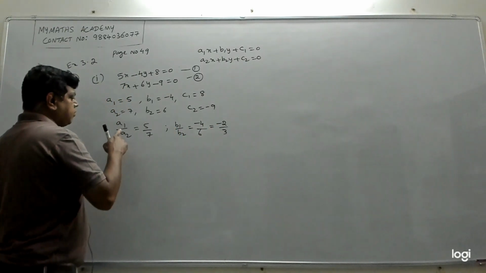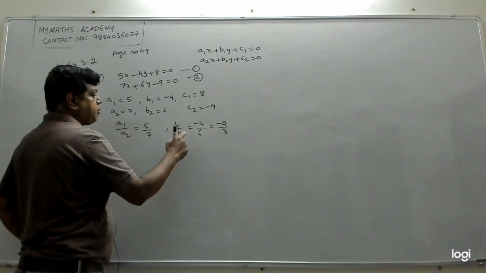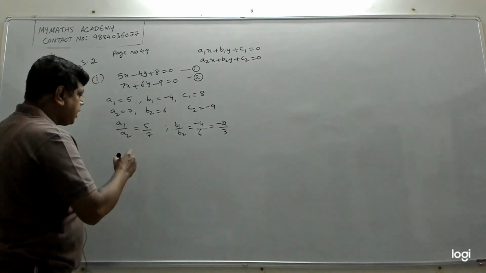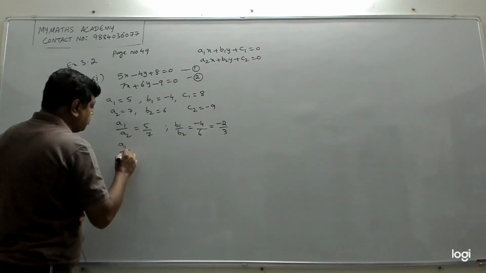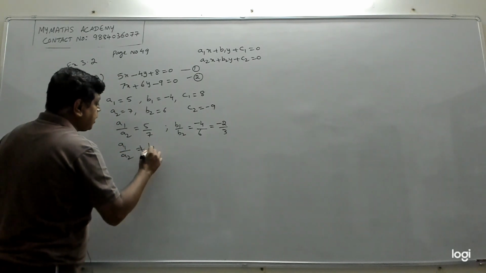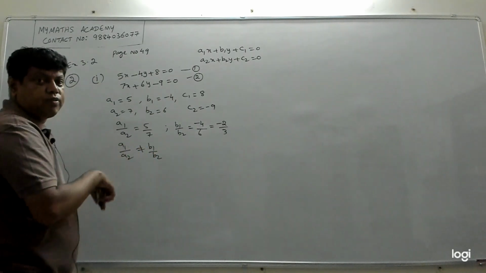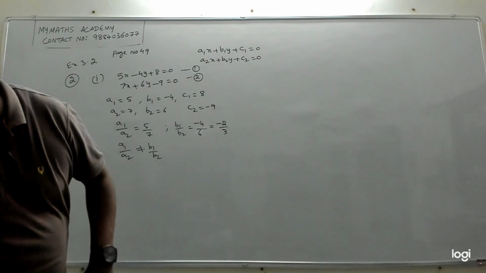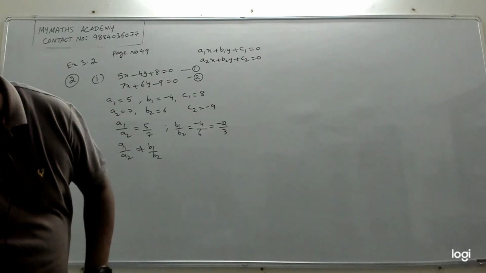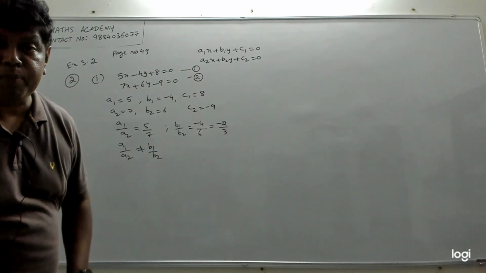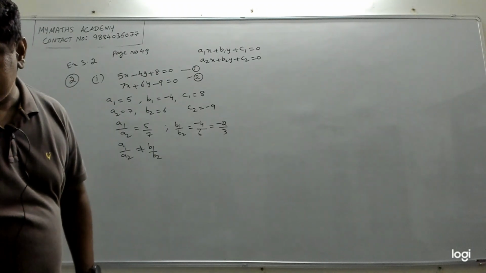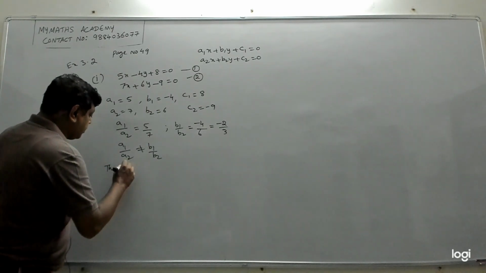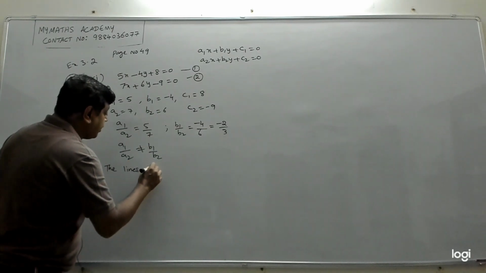Now what do we observe? a1 by a2 is 5 by 7, b1 by b2 is minus 2 by 3. The moment you see that they are not equal, you have to stop and say a1 by a2 is not equal to b1 by b2. When this condition is satisfied, as per the table on page number 46, table 3.4, the lines are intersecting.